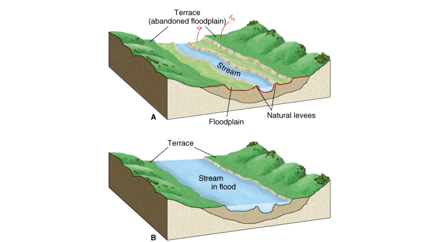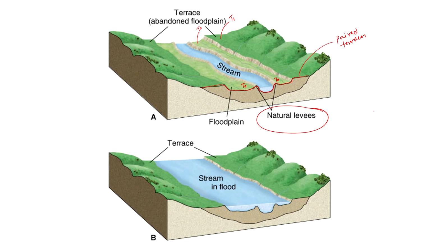We call these paired terraces: on either side we see the same type of terrace. So we have T0 here and T0 here. Along with this is a natural process which we call natural levees.